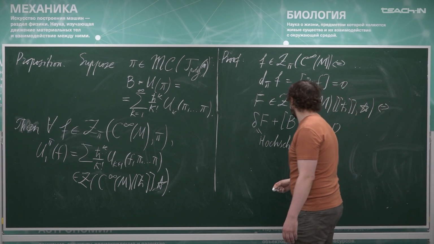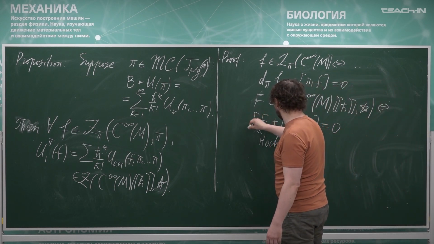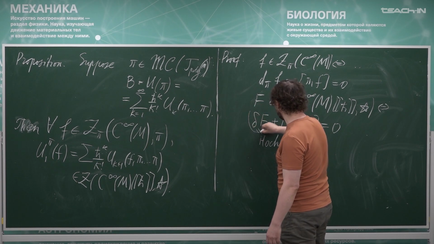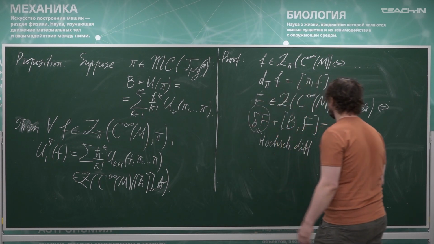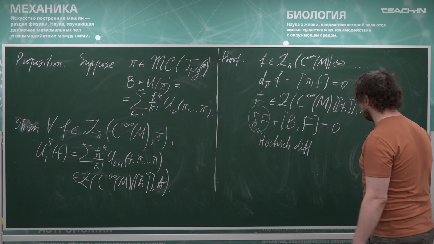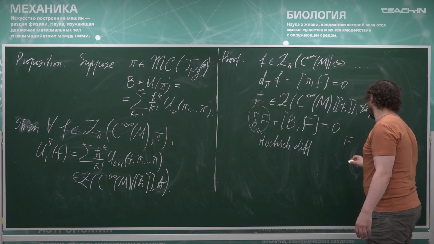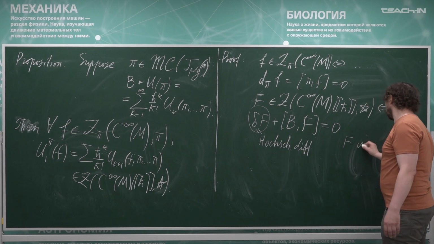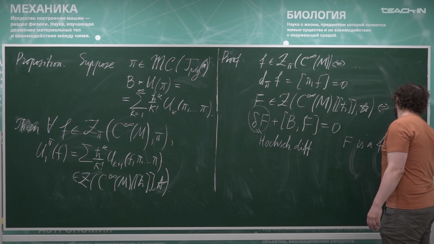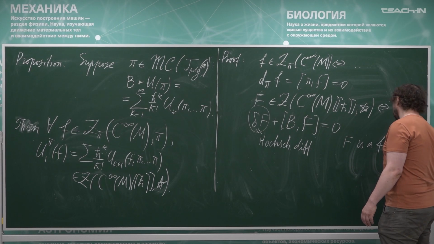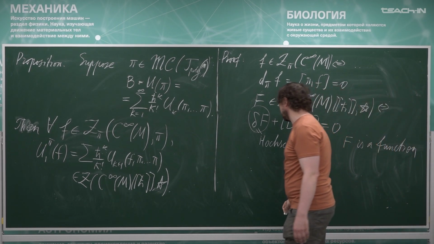In fact, you can forget about the first term here, because this first term vanishes since F has degree 0, F is a function. Hence its Hochschild differential vanishes.